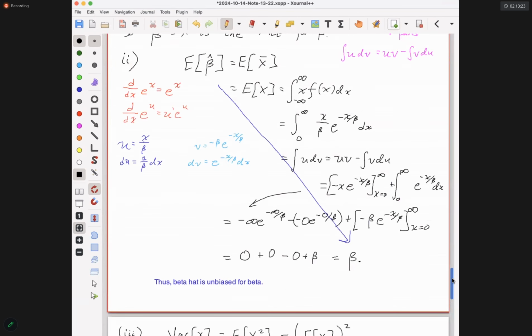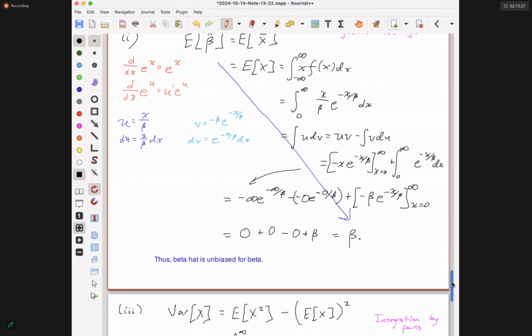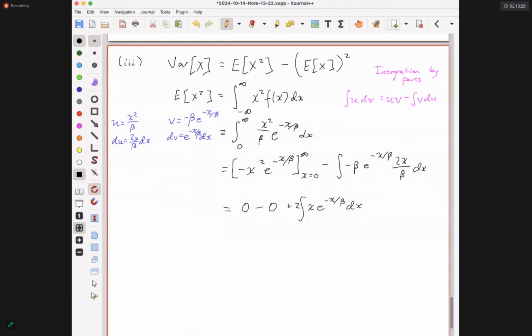And this looks very familiar because this is from 0 to infinity. This is just beta times the expectation of x. Or rather, 2 beta times the expectation of x.